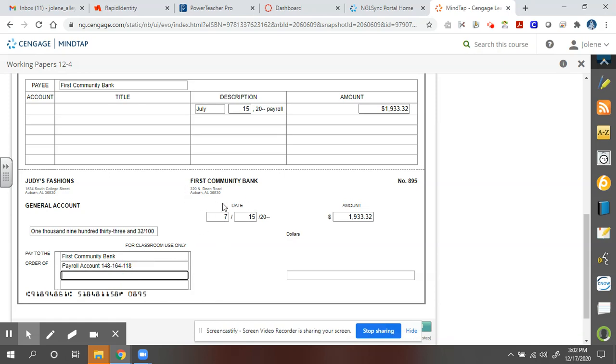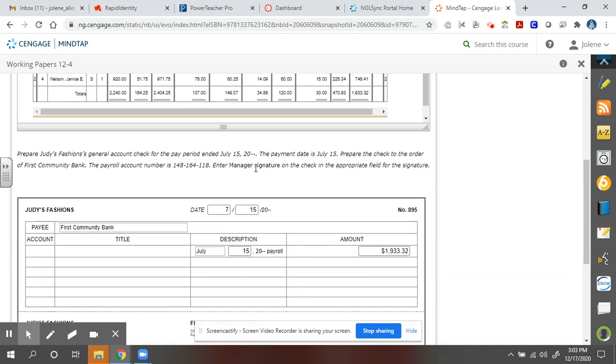First Community Bank, here's their address: 320 North Dean Road, Auburn, Alabama 36830.